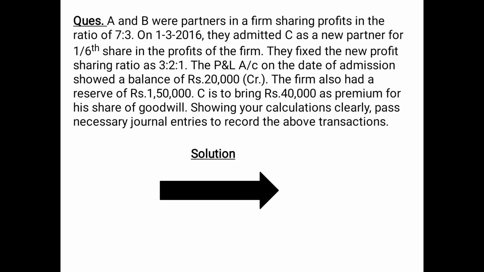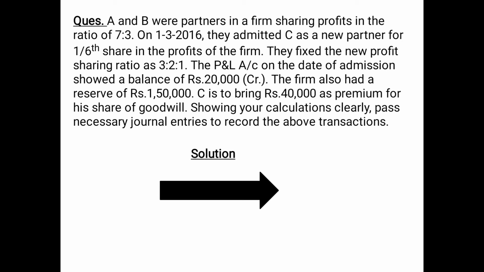Let us discuss a question on the basis of undistributed profit and accumulated loss to make it more clear to you. The question says, A and B were partners in a firm sharing profits in the ratio of 7:3. On 1st March 2016, they admitted C as a new partner for 1/6 share in the profits of the firm.